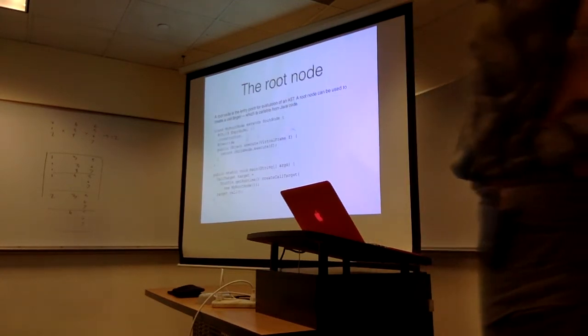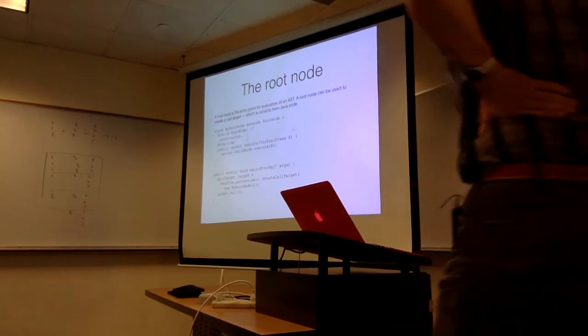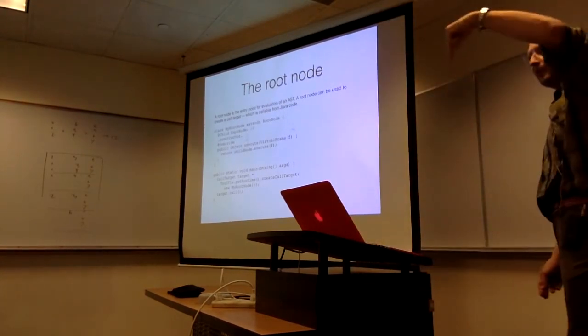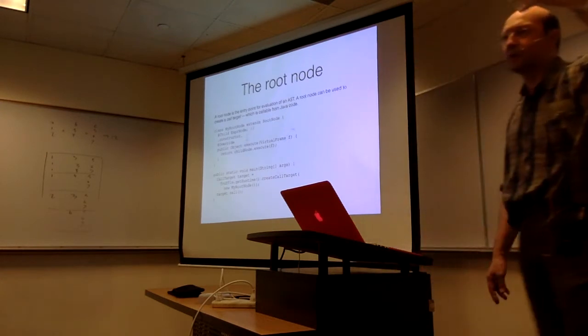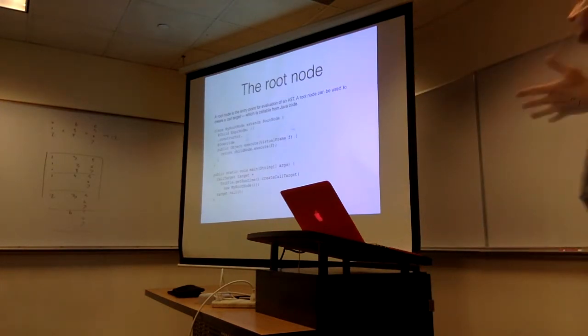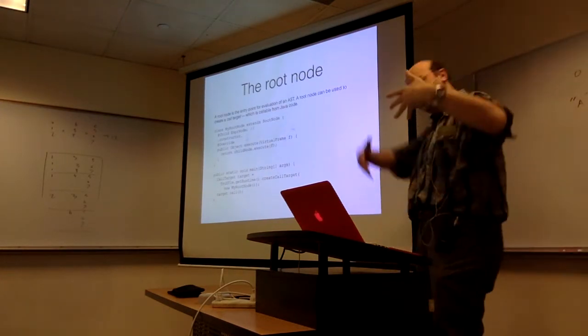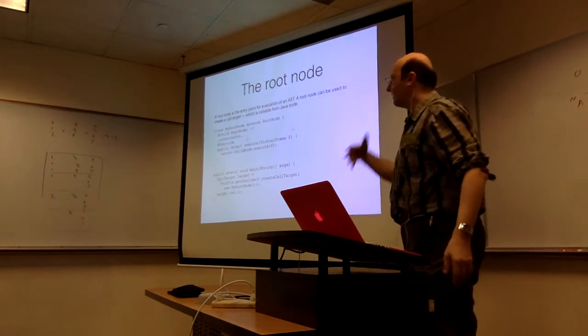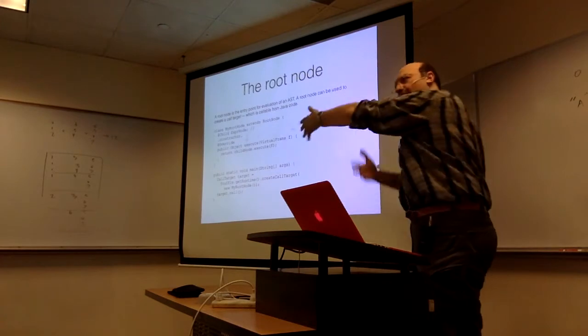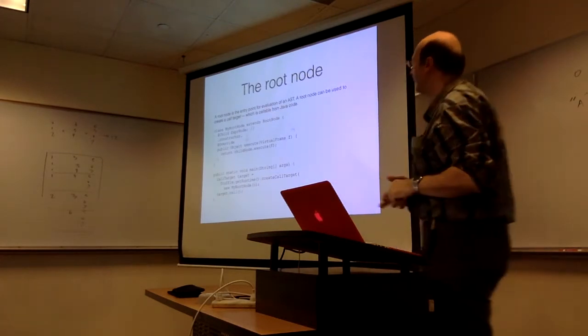I mentioned the root node. The root node is important because it's the entry point for the evaluation of an AST. So you have to have some way of going from normal Java code into what looks like normal Java code, but when Truffle is running and compiling, it's not Java code anymore, it's machine code that's been generated by the partial evaluator.